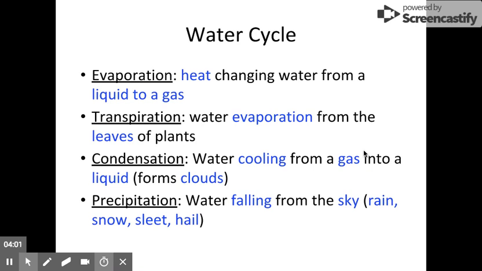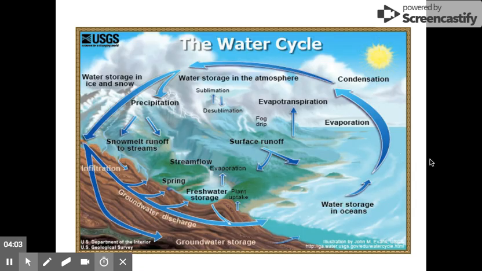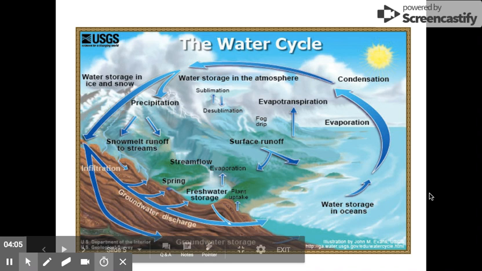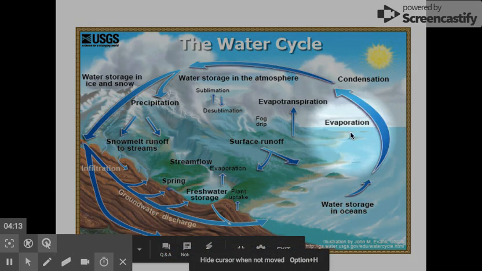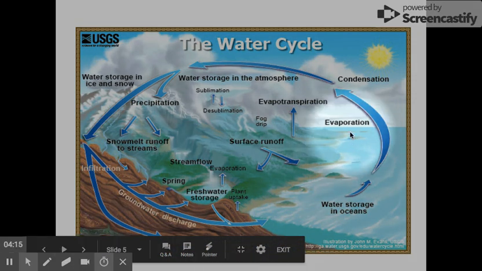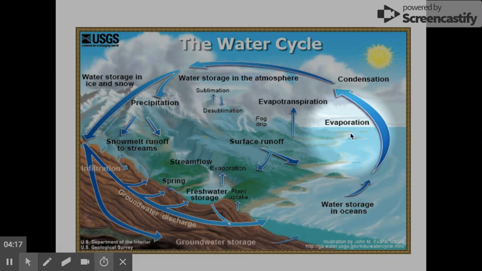Pictured here is a schematic of the water cycle, and you can see there are many processes involved, but you really just need to pay attention to the 4 on the previous slide. Over here we see evaporation, where liquid water, after becoming heated, will turn into water vapor and rise up into the atmosphere.